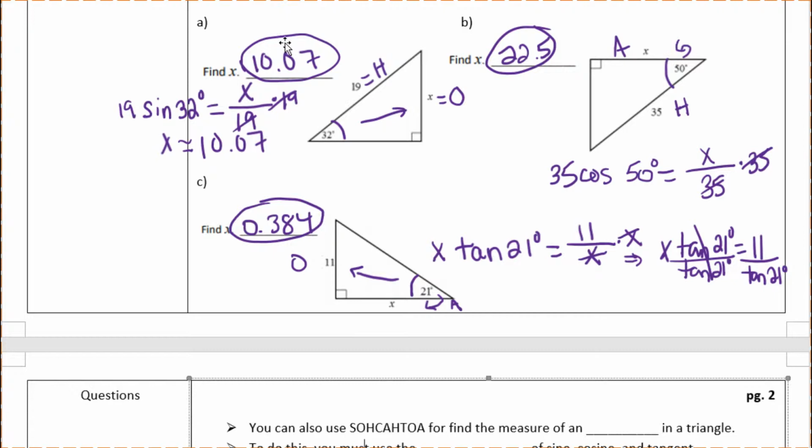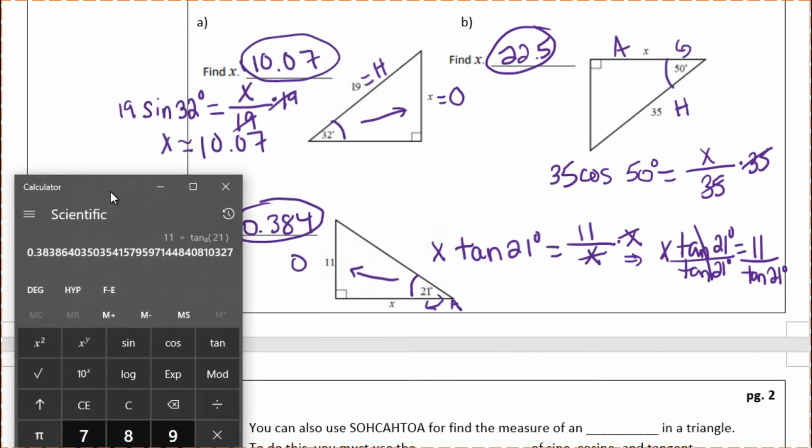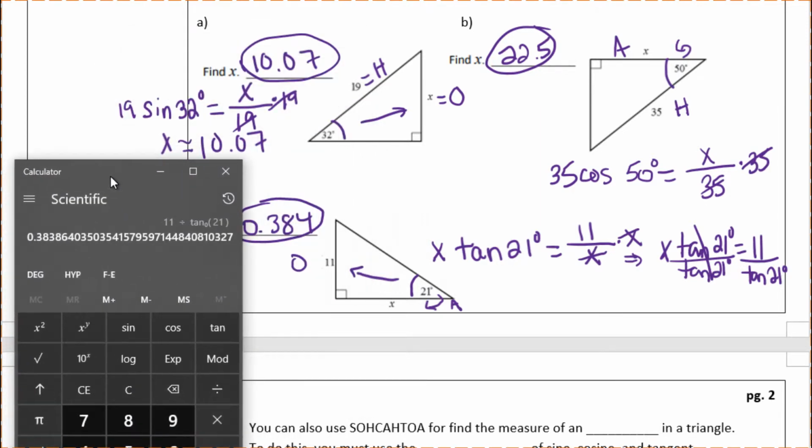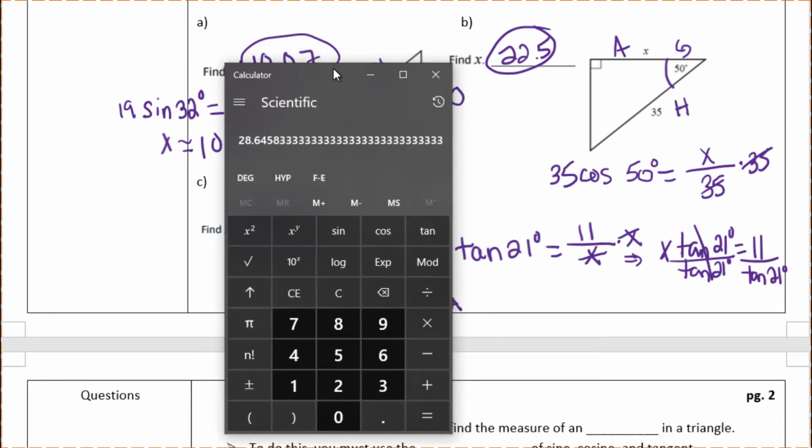Alright, there you go. So x is pretty short. Now if you think about it, if you try this out again, if you did 11 divided by 0.384, that gives you 28.6.